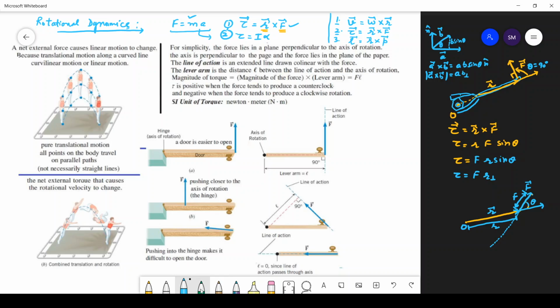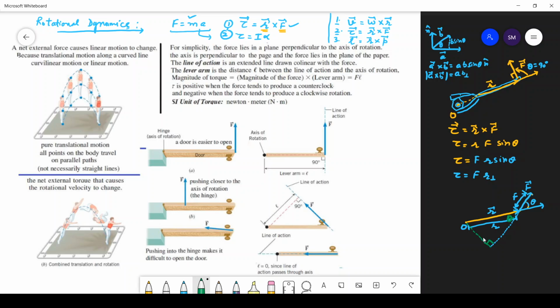And this angle will also be theta, since vertically opposite angles are equal. Now draw a perpendicular on this line. So this is your perpendicular. Okay, got it?